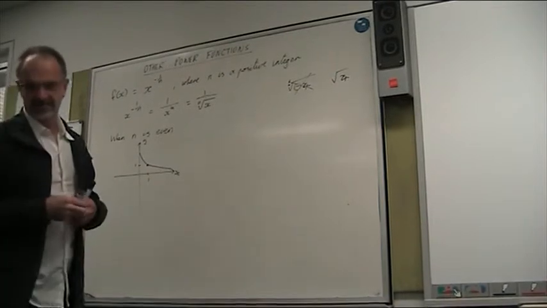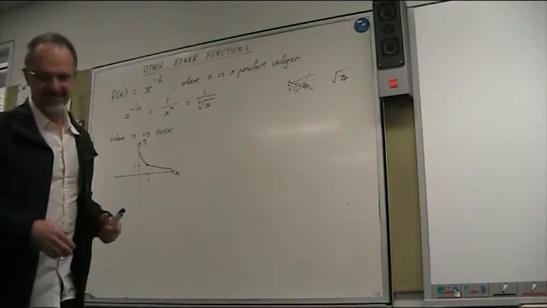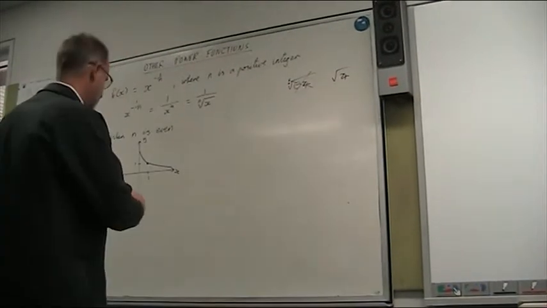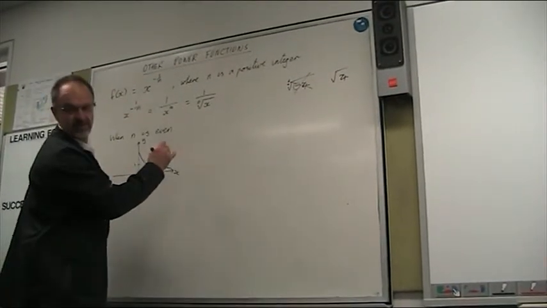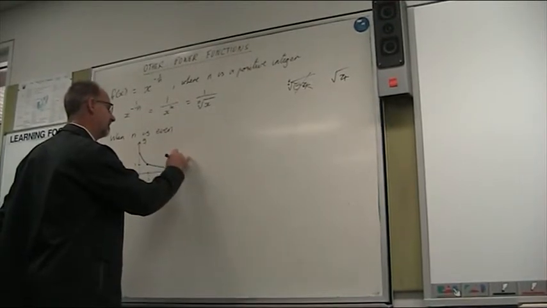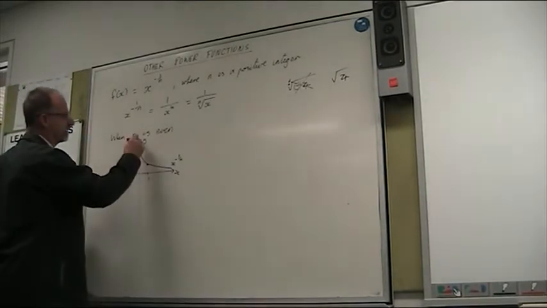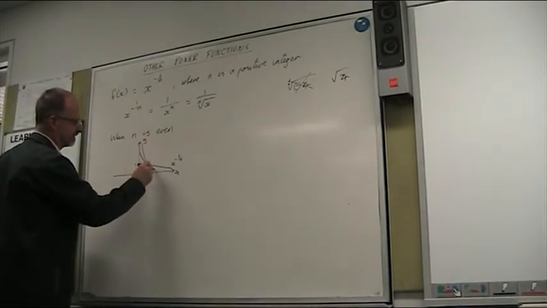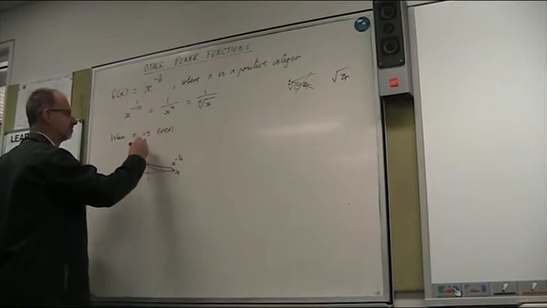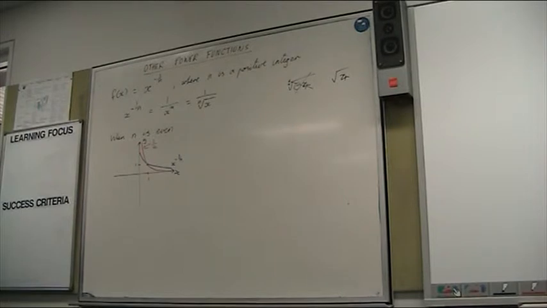Now if we want to compare that to 1 on x, so this one here is x to the minus 1 on n. If you want to compare that to 1 on x, it goes like this. Does that intersect the y-axis anywhere?